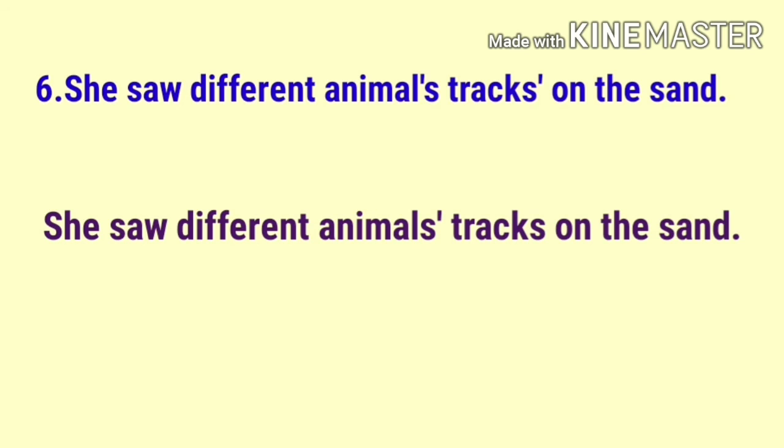Here animal apostrophe s means singular, but the word different is before it, so we make it plural to show the possession for the plural. So we remove the apostrophe from the word tracks. She saw different animals' tracks on the sand.